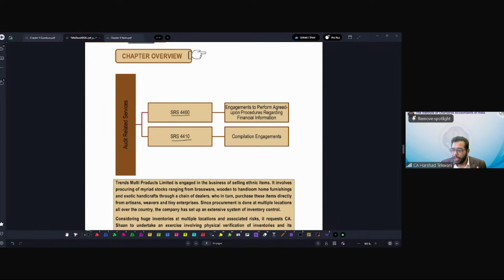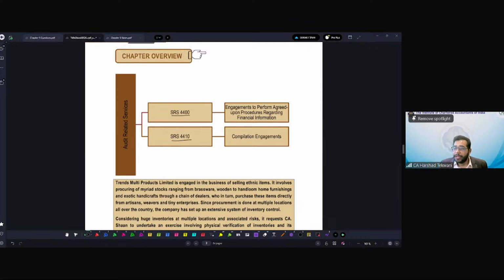Now what is 4400? 4400 talks about when you are going to perform related services with respect to agreed upon procedures. Here we need to understand two important things. One, what are related services? And number two, what are agreed upon procedures?